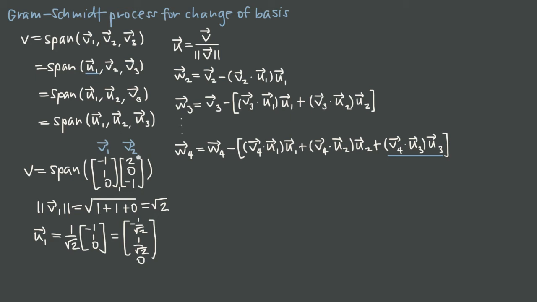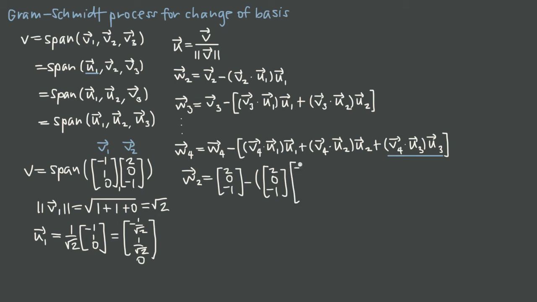And now we need to go ahead and replace v2 with a vector which is orthogonal to this vector that we just found. So to do that, we can use this formula here for w2, and we can say that the vector w2 is equal to v2, which is this vector here, so 2, 0, -1, minus, and then we have a dot product here, so the dot product of 2, 0, -1 with u1, the vector we just found.